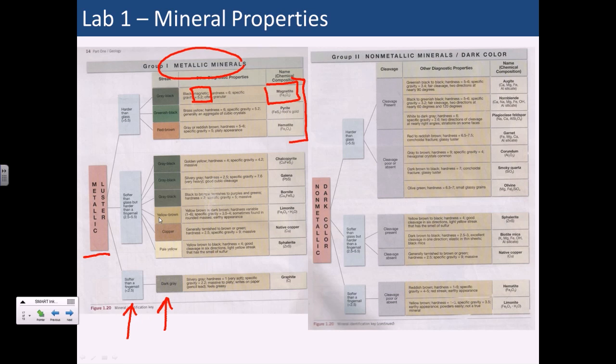Alternatively, maybe you don't have a metallic mineral. Maybe your mineral is a non-metallic mineral, and in this particular table you're using dark colors. So we have a dark colored mineral that might be black or green, okay, or even red. We're going to test hardness, and let's say that hardness comes out to be something like 2.5 to 5.5.